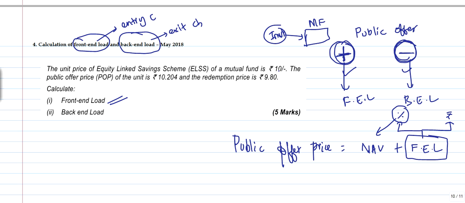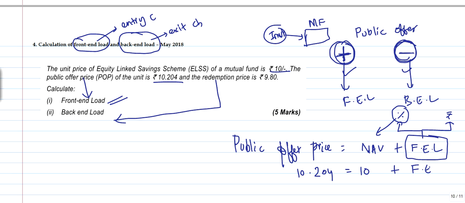Here the unit price is given as 10 rupees, and the public offer price is 10.204. Public offer price is applicable for front end, NAV plus FEL.